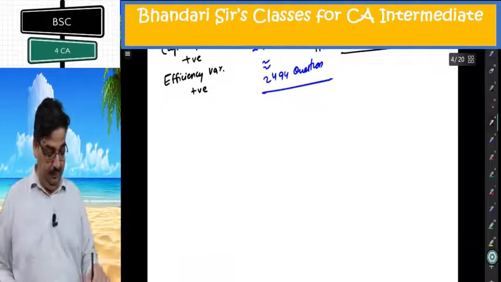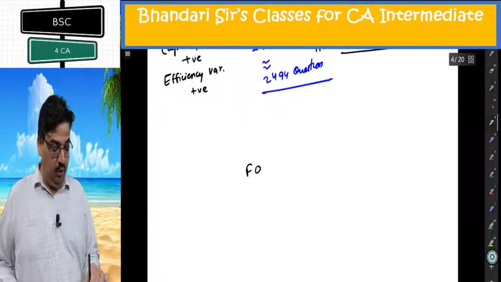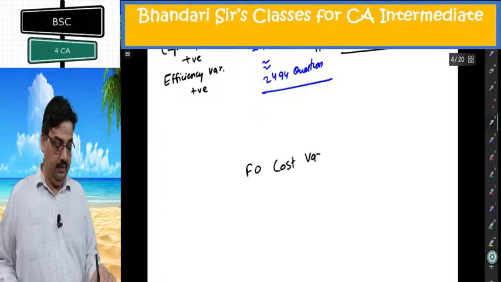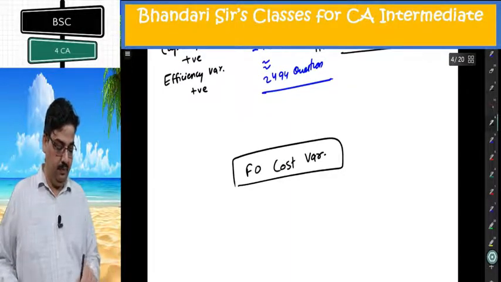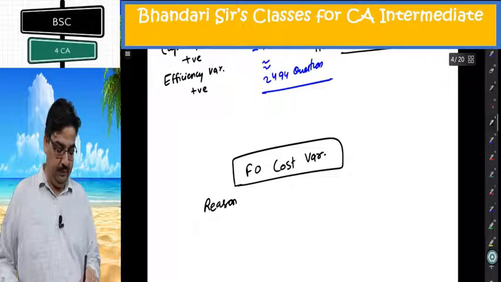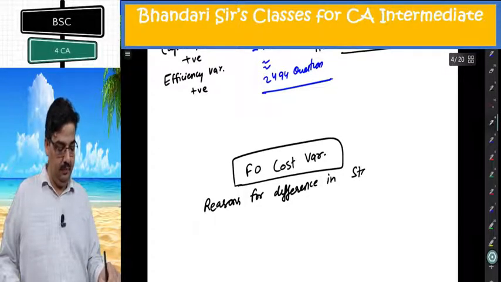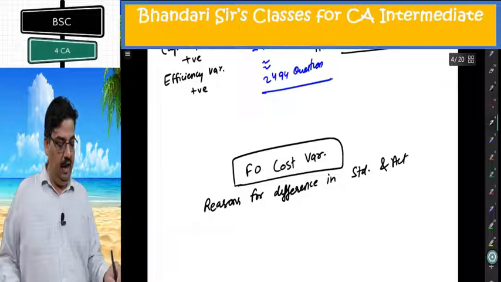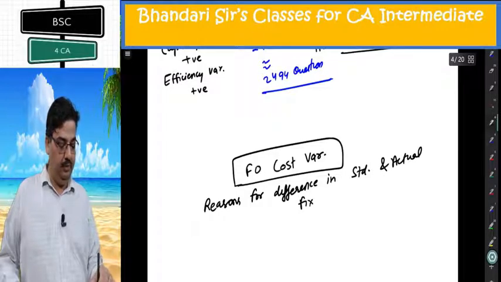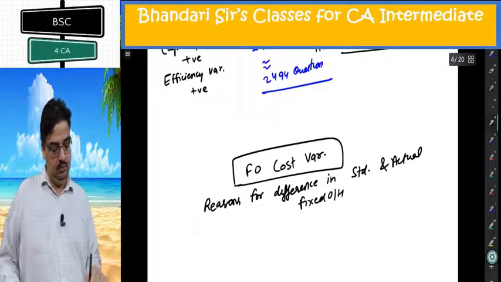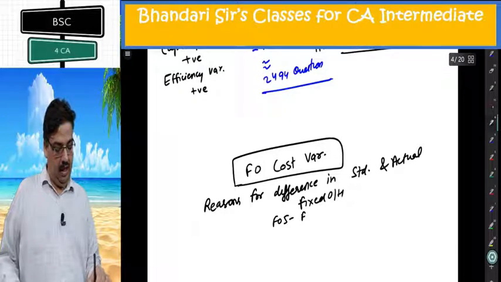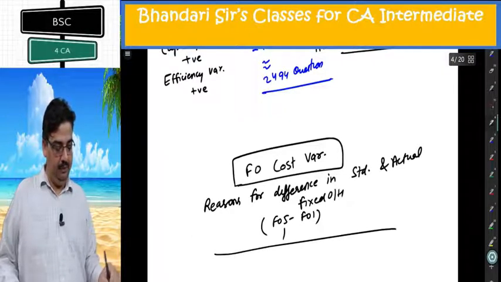Inflation, deflation. Fixed overhead cost variance: reasons for the difference in standard and actual fixed overhead, FO5 minus FO1.